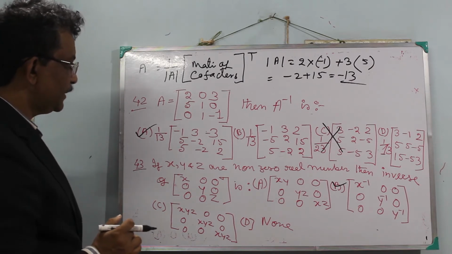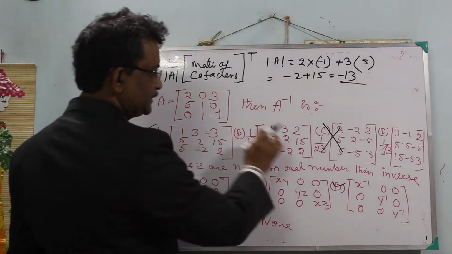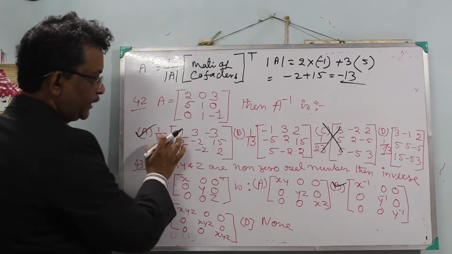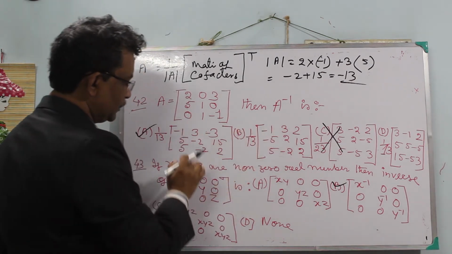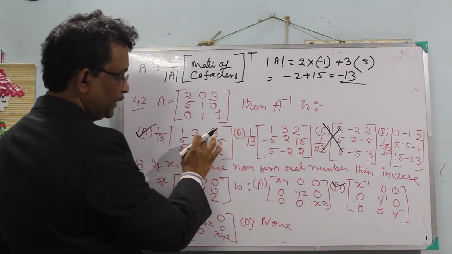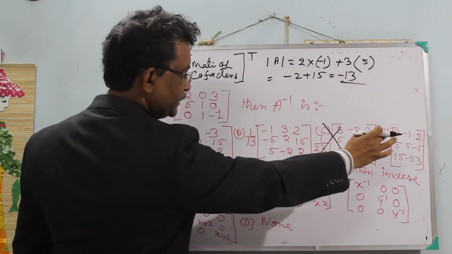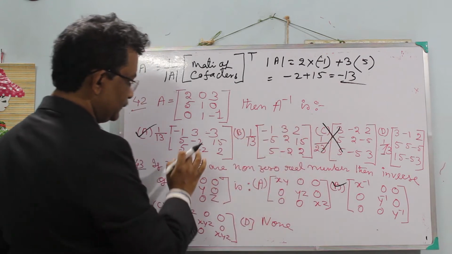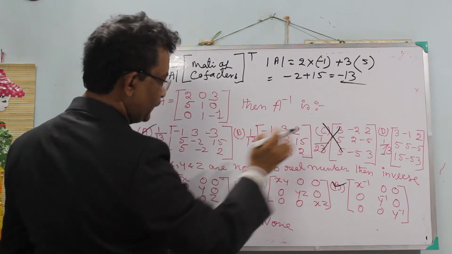Let's identify where in these 3 matrices the elements are different. Minus 1, same. 3, 3, no. Minus 3, 2, okay. There is also 2, no. 5, minus 5, 5, same. Minus 2, 2 and 5.